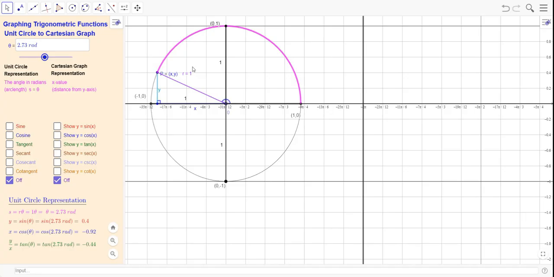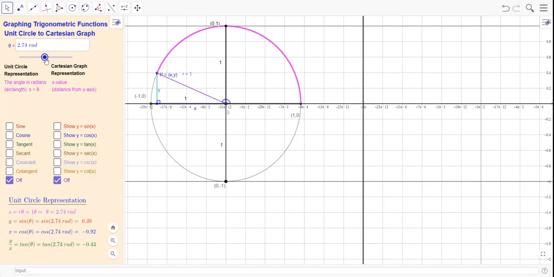And if r is 1, then some of those simplify. For example, cosine is just the x-coordinate at this point, sine is just the y-coordinate at this point, tangent is still y over x, and so forth. So that's how we define circular trigonometric functions.